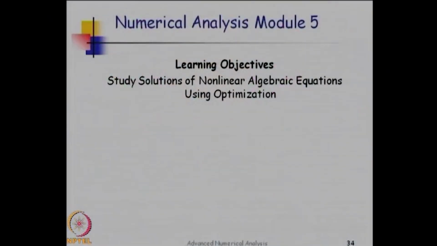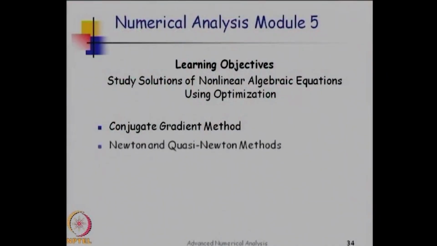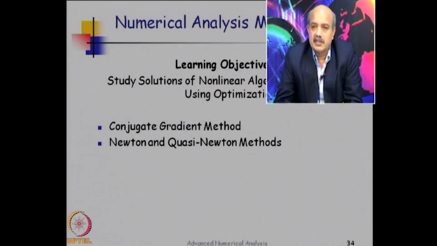We then move on to solving nonlinear algebraic equations using optimization. Numerical optimization is a powerful tool which is used for solving nonlinear algebraic equations. One of the popular methods in this class is the conjugate gradient method. So we will have a brief look at the conjugate gradient method. This is a gradient based method.